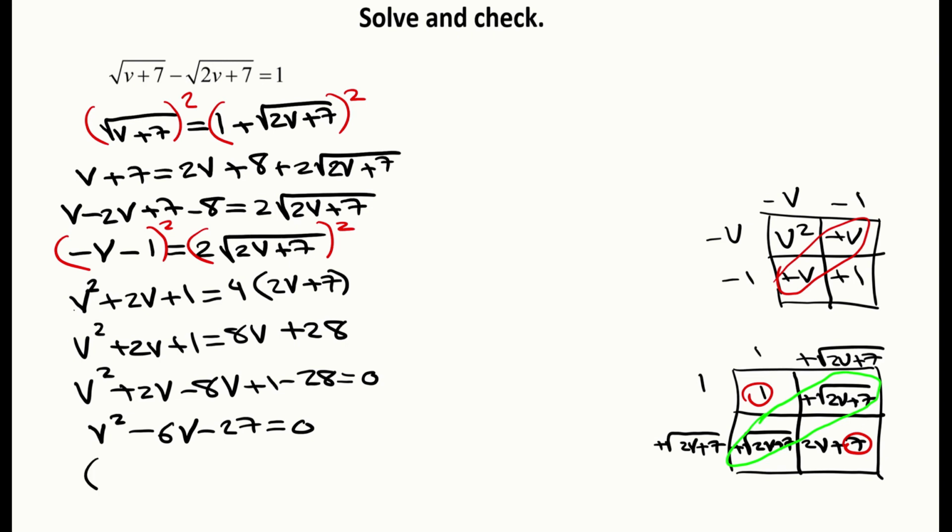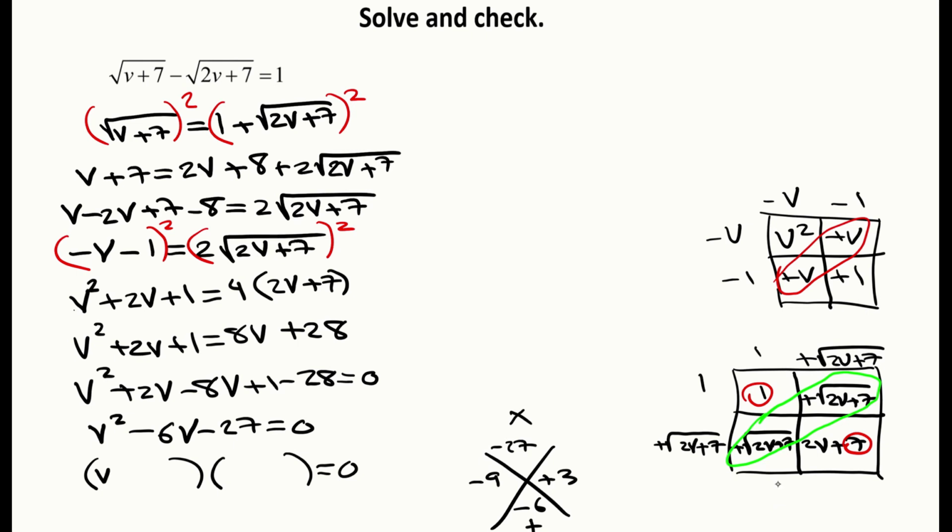Now we need to factor that, and I think you find that that's a very easy factoring problem, because we have two numbers whose product is negative 27 and whose sum is negative 6. I don't think you need a factorization table to realize these need to be negative 9 and positive 3. Notice that when you multiply those, you get negative 27. When you add those, you get negative 6.